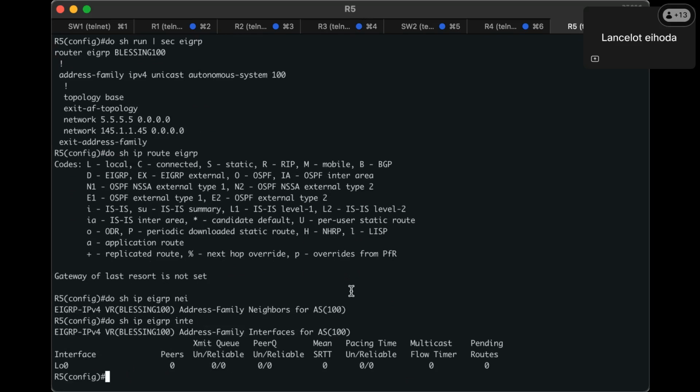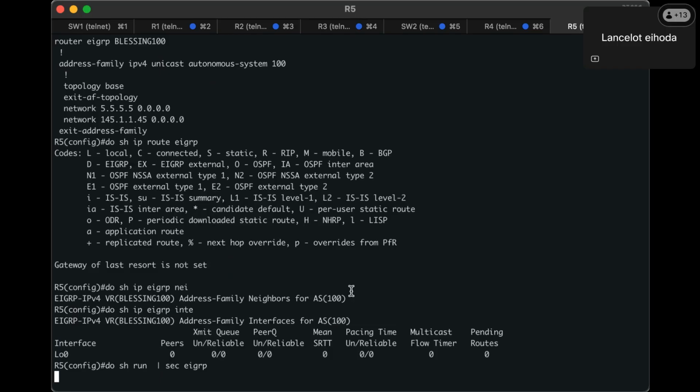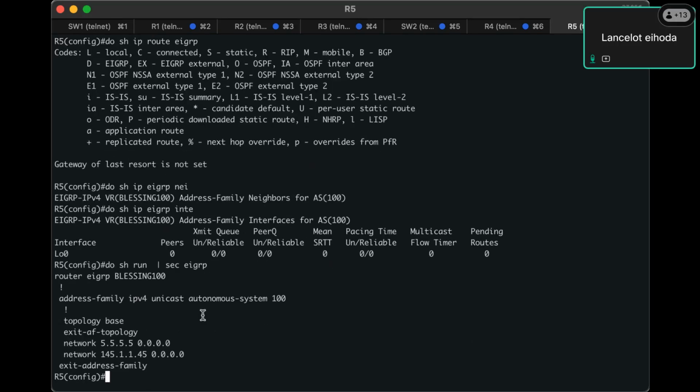Forgive me. Looks like I need to turn on my glasses. So I cannot find my neighbor relationship. I cannot see that interface participating in EIGRP, which is not a good sign. So let's knock off the EIGRP first.